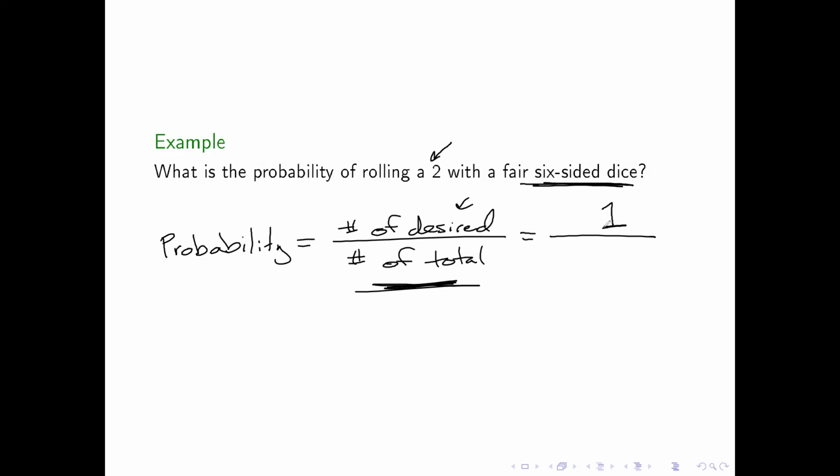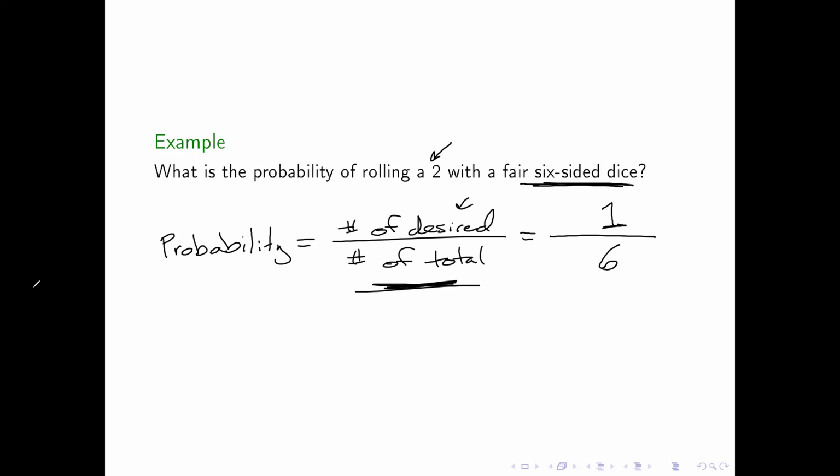There's only one way, because the dice shows a 2 on it. But if it's truly a fair dice, there are six outcomes: 1, 2, 3, 4, 5, 6. So that's a 1 in 6 chance, or approximately 16% if you change this to a percentage, of rolling a 2.